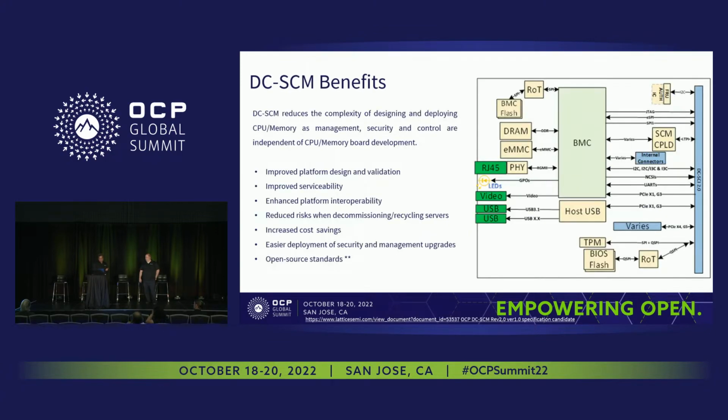So if you look at the DCSCM, there are some benefits, obviously. It changes the memory, security, and all those things. But it improves the platform design and validation because the platform is a simpler design now. It's still complicated, by the way, I'm not saying it's not, but you are separating some of the big functions out of the CPUs, right?